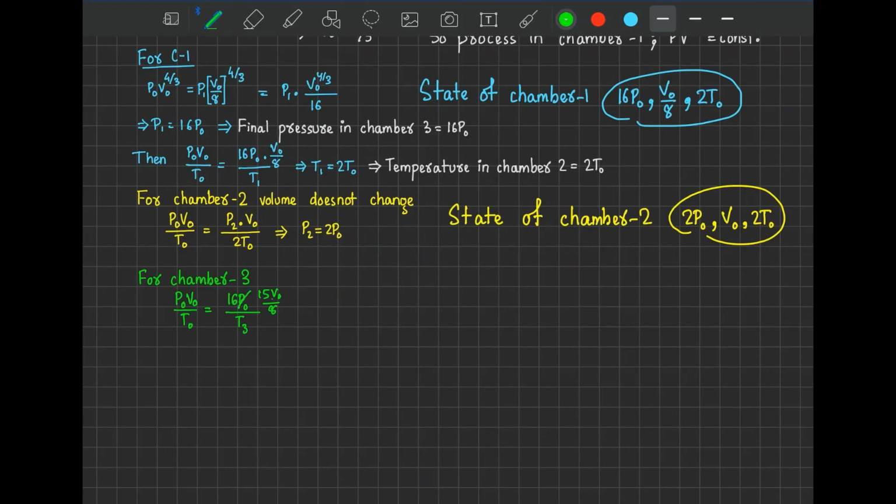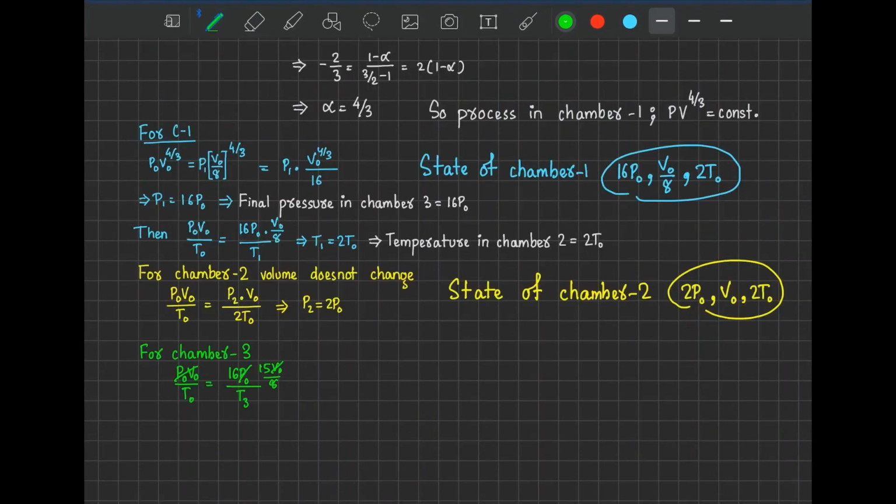Solving this, P0 and V0 got cancelled. So we got 16 into 15 by 8 into 1 by T3 equals 1 by T0. That implies 8 and 16 got cancelled. We got T3 equals 30 T0. This is the final temperature. So now we have got all the pressure, volume and temperature for all three chambers.